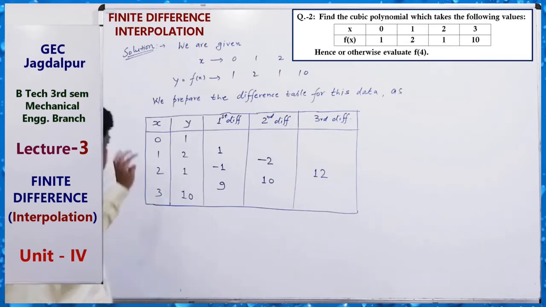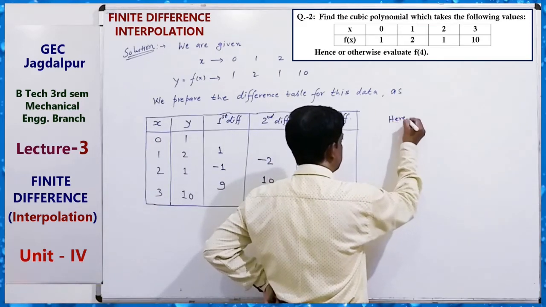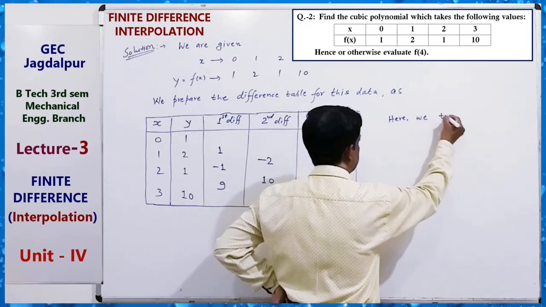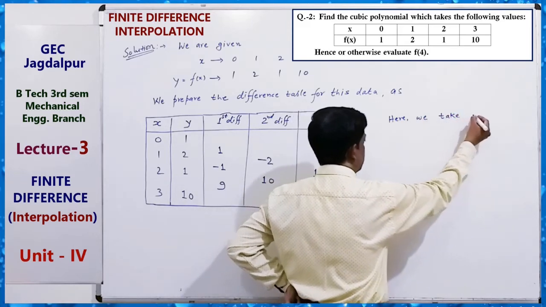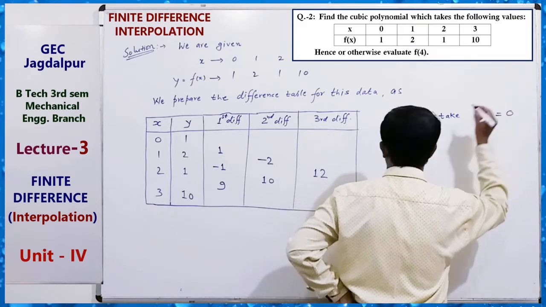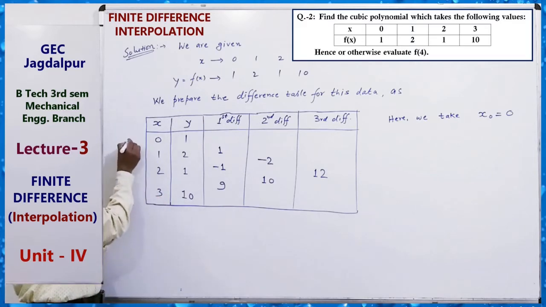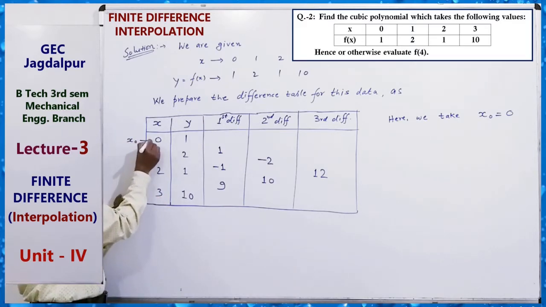For that, we take x0, the origin value, as 0. Suppose this is x0.